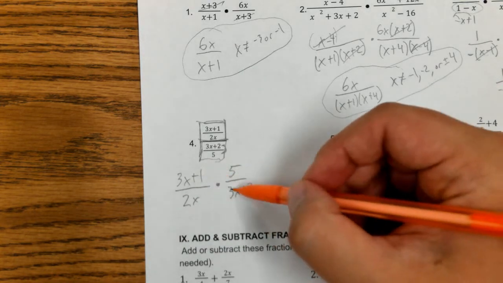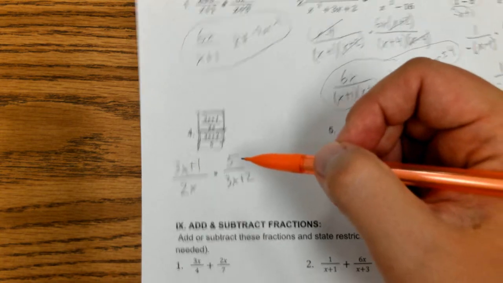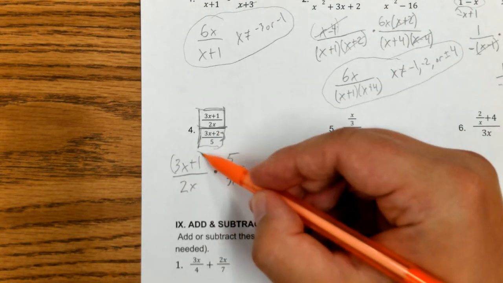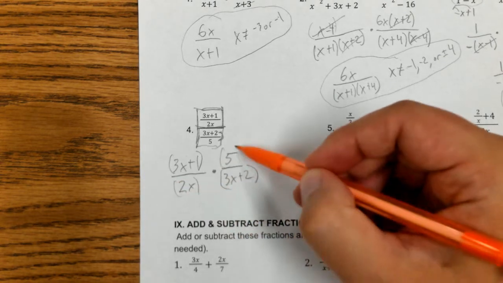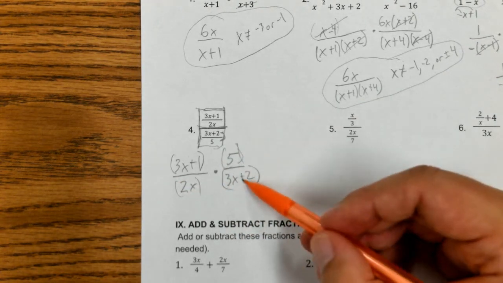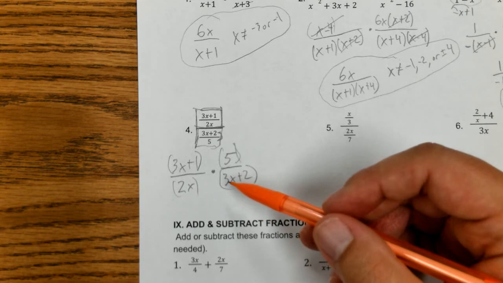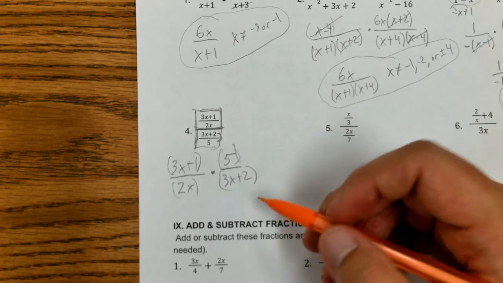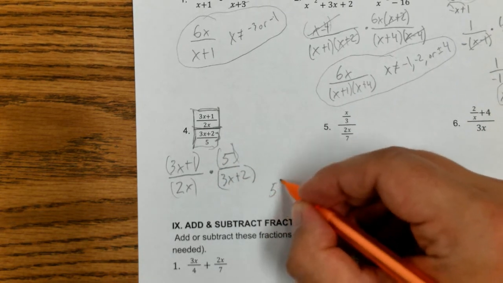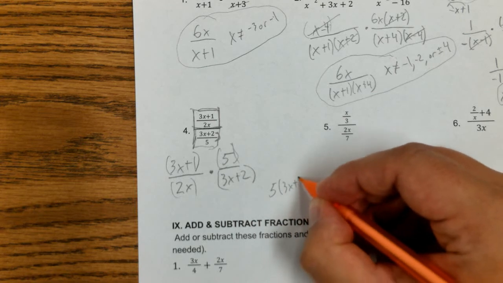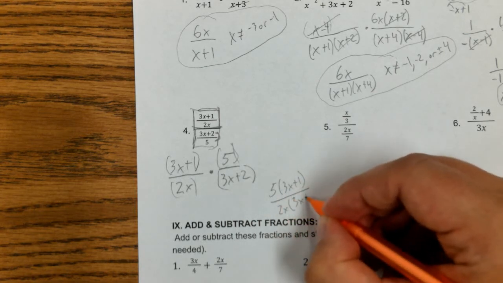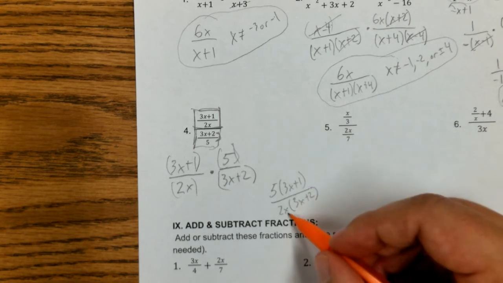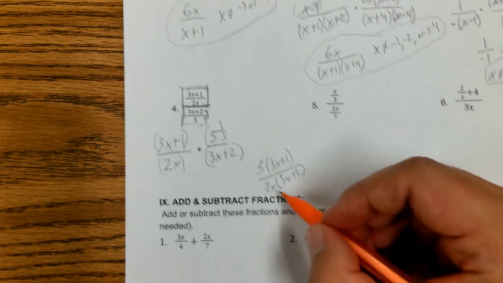A lot of students are going to want to cancel out these 3x's. You can't, because think of it as the whole thing in parentheses. You don't have the same thing inside the parentheses, so those cannot cancel out. So you're just left with 5 times 3x plus 1 over 2x times 3x plus 2. And now for our restrictions here, I know that x cannot equal 0.